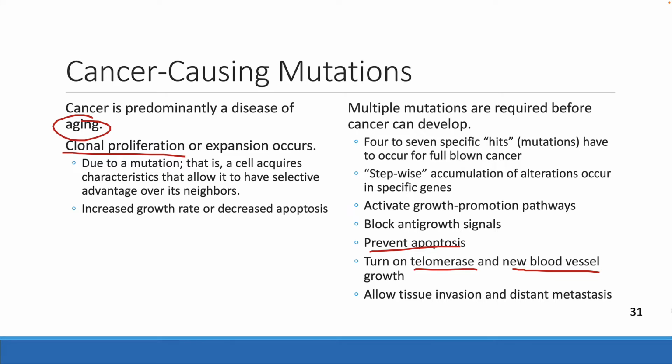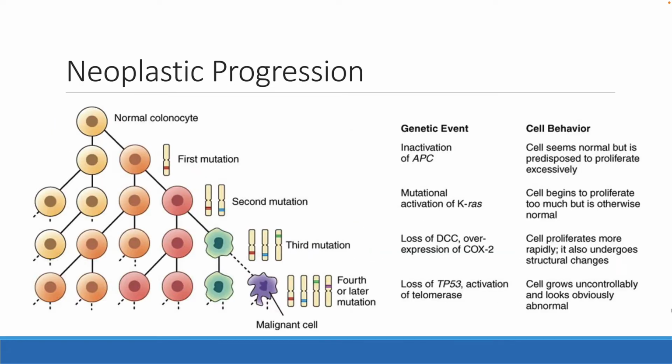Once those cancer cells get into the bloodstream, they can travel. So the point to be driven home is that you need several mutations. And this sort of shows how this works.